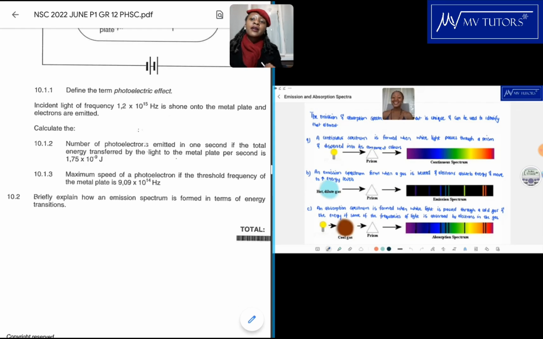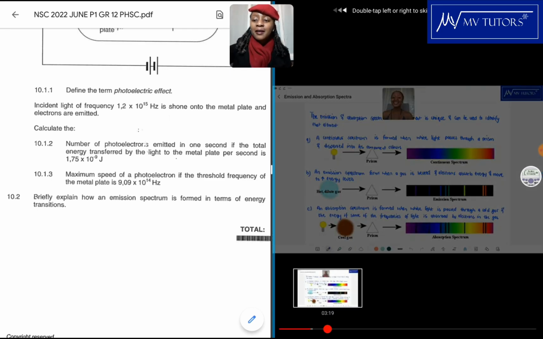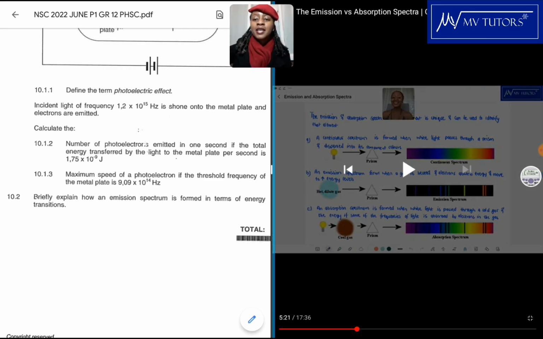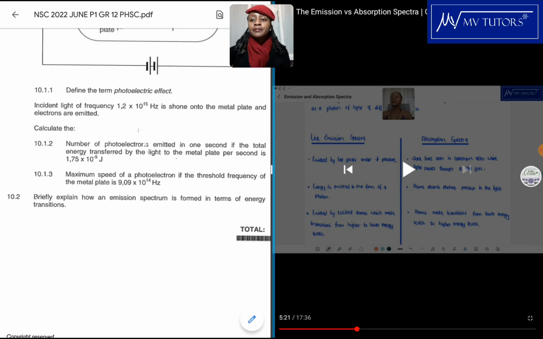Okay, firstly, when you form an emission spectrum, basically that's when you have a gas that is heated and the electrons absorb the energy and then they move to higher energy levels. That's just the basic definition of it. If you want to know more, you can go further. I have a table there that pretty much summarizes the difference between emission and absorption spectra.